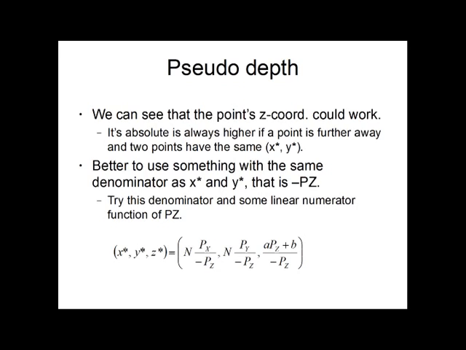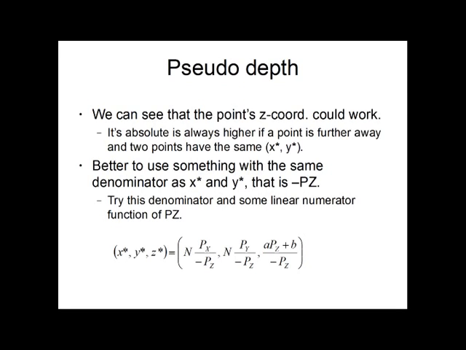So adding this third dimension here, z star, we want somehow to set it up so that it has the denominator minus pz. And seeing as using just pz or minus pz, the distance to z, as a numerator, that would always give us 1, so that's not good enough.